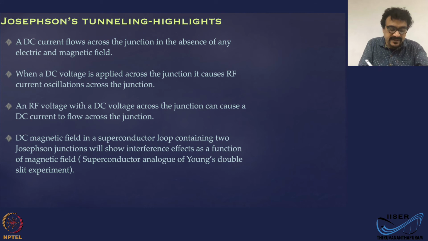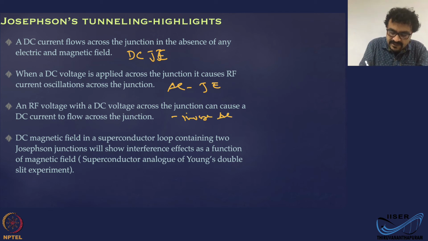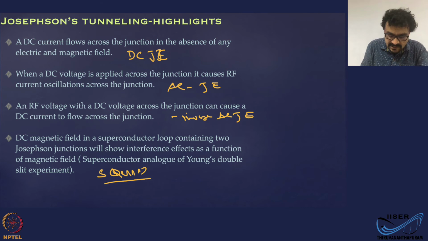So just to identify these, this is called the DC Josephson effect. This is called the AC Josephson effect, and this is called the inverse AC Josephson effect. And this is your SQUID, superconducting quantum interference devices.